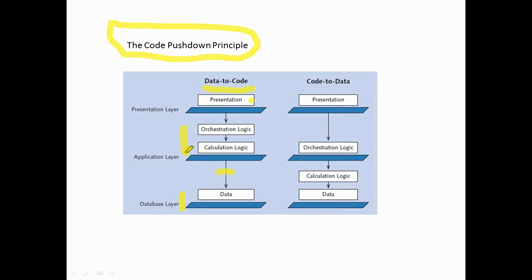You will have all the conditions, like if it is equal to something, ignore those orders, and take only the orders that are completely processed. All these conditions come under orchestration logic, and the calculations, like the count or the unit price, or summing up the items, all take place in calculation logic.